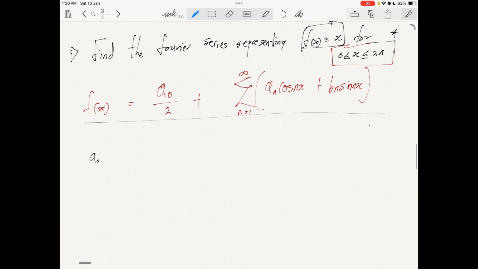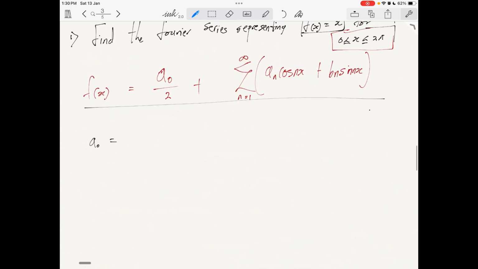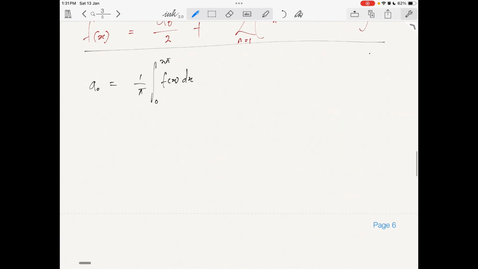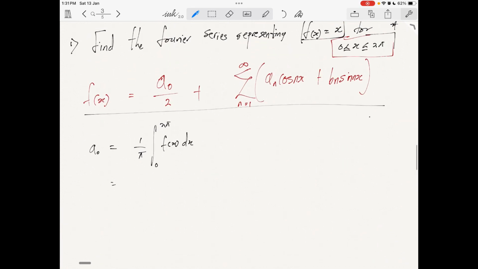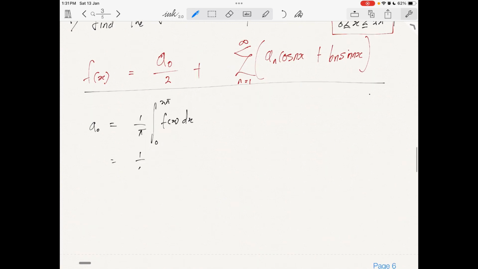So the first thing to evaluate is a naught, and from here we can see that a naught is 1 over pi integral of f of x dx from limit 0 to 2 pi. Now f of x from the question is x, so we have 1 over pi integral of 0 to 2 pi of x dx.